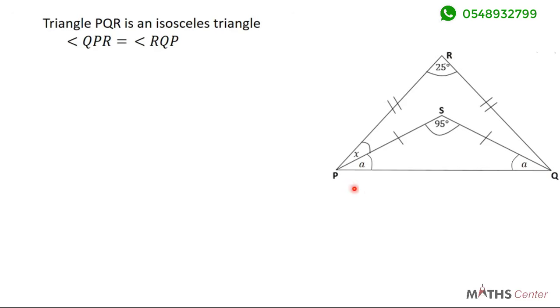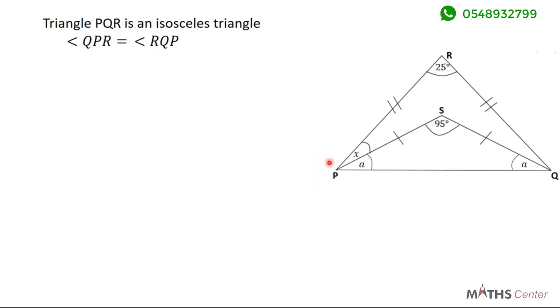Angle QPR is this whole angle here, S plus A. Angle RQP will be this whole angle here. Now because it's an isosceles triangle, this side and this side must be the same. So if here is A and here is A and here is S, then this side here must be S. I hope that is clear.